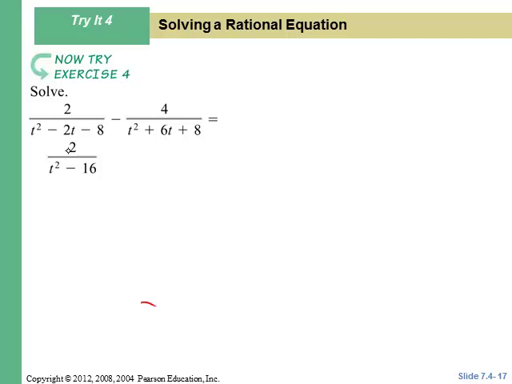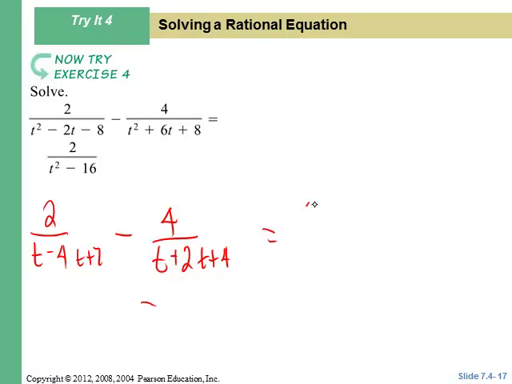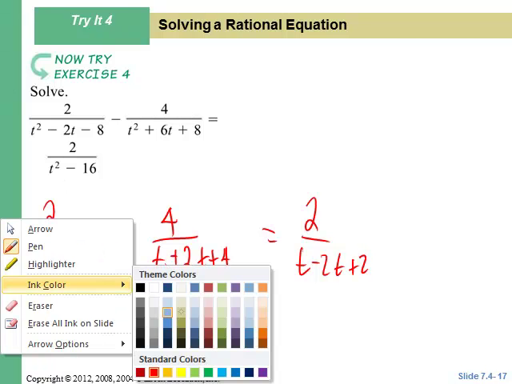Okay, factor this first one. You get t minus 4, t plus 2; t plus 2, t plus 4; t minus 2, t plus 2. Okay, so I'm going to change colors here.